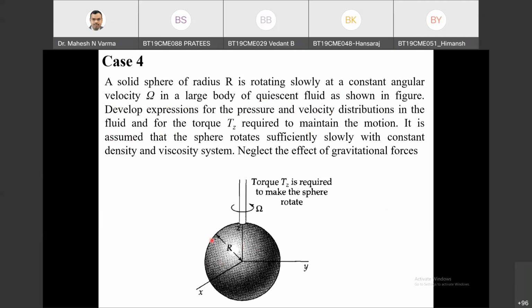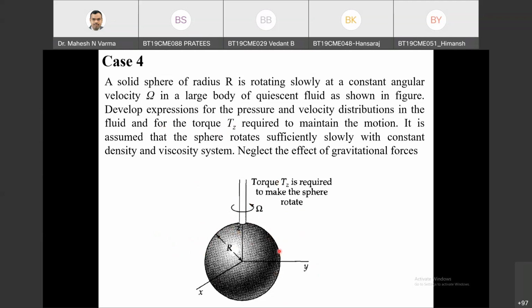Because this sphere is rotated in phi direction with angular velocity omega, I need to develop a velocity and pressure profile in the fluid. This is a solid sphere, so fluid is here. I need to develop the velocity profile, how velocity is varying in the fluid.